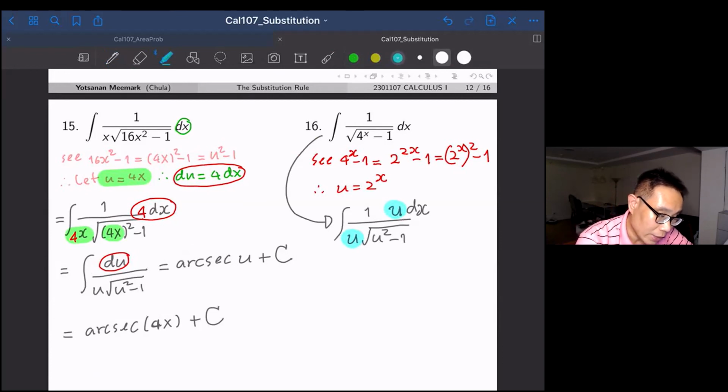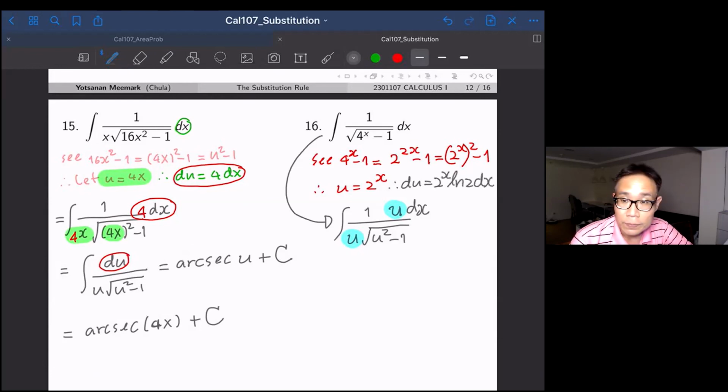Let's compute dx. So for this one, du is going to be 2 to the x log 2. I do not have enough space, so I have du equal to 2 to the x log 2 dx.